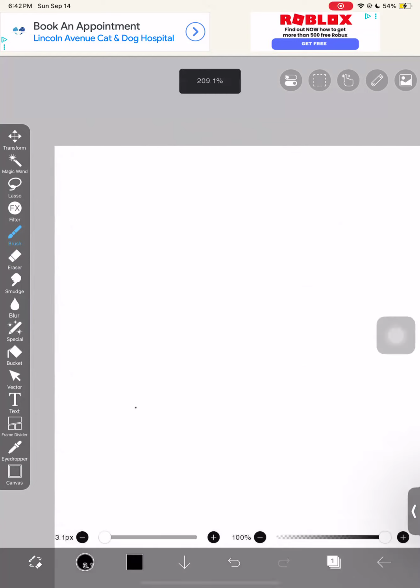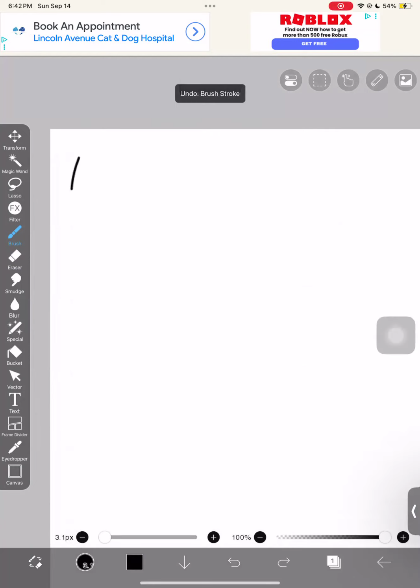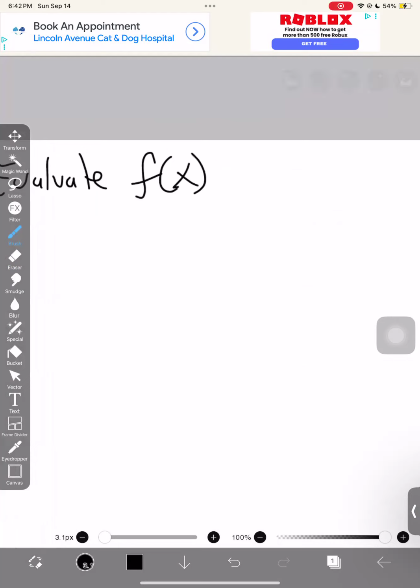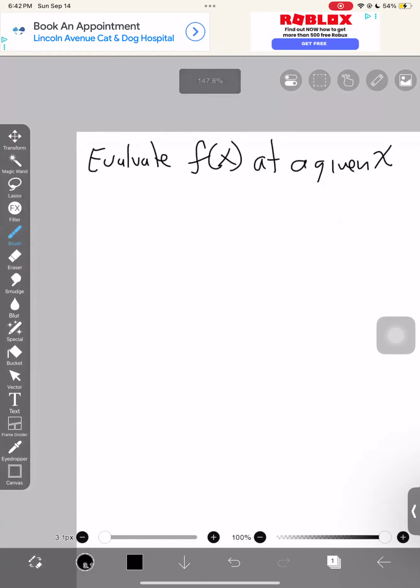Evaluating a function. Sometimes they'll say something like this. Right. And all this really means is they're going to give you an X value and you have to plug it in.